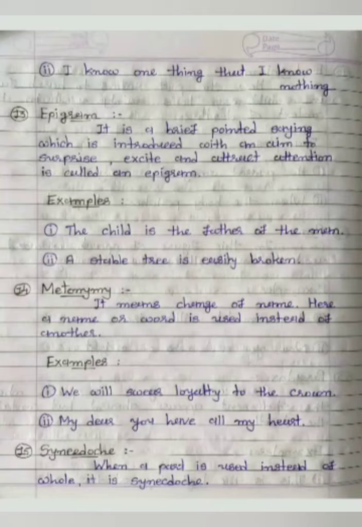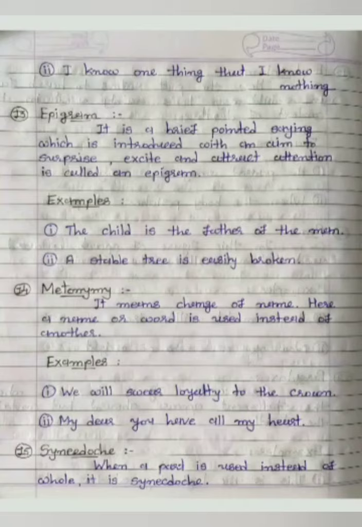Now, next is epigram. A brief pointed saying which is introduced with an aim to surprise, excite and attract attention is called an epigram. For example, "The child is the father of the man."